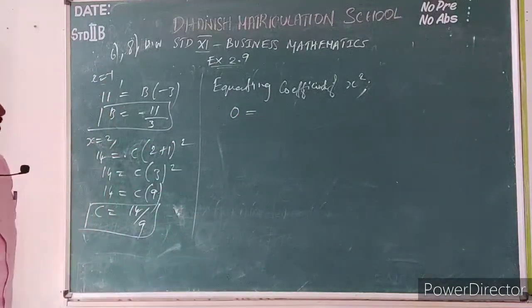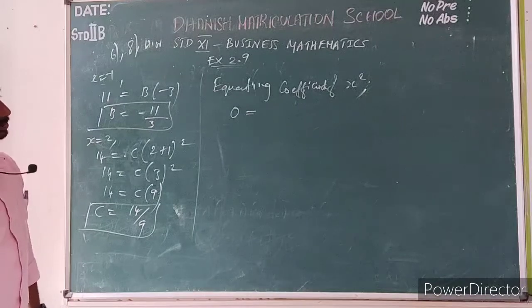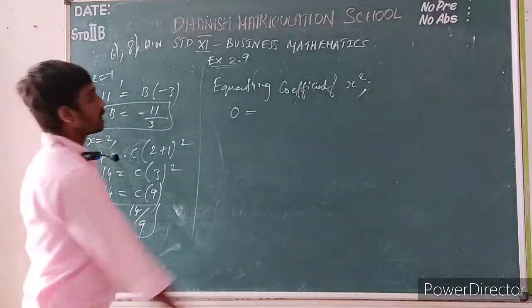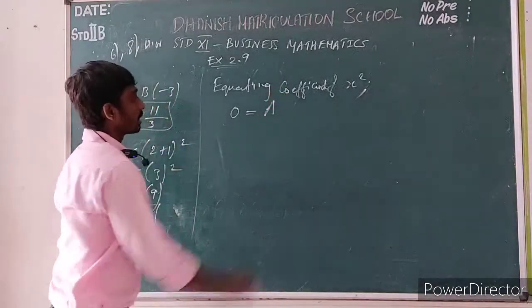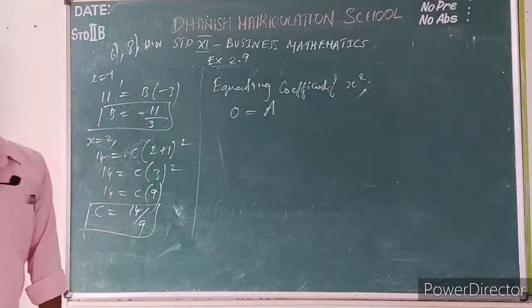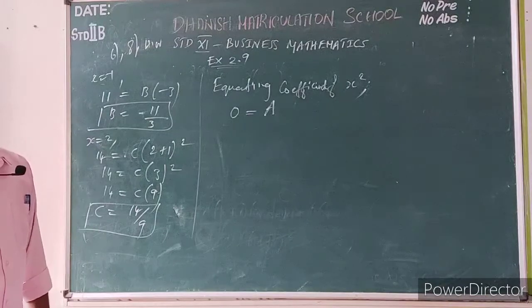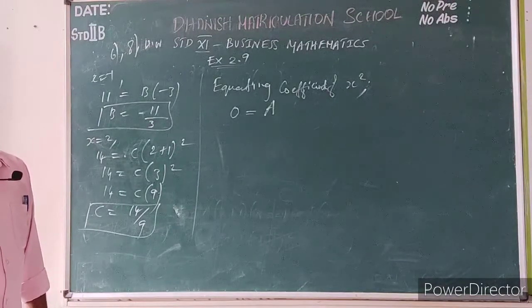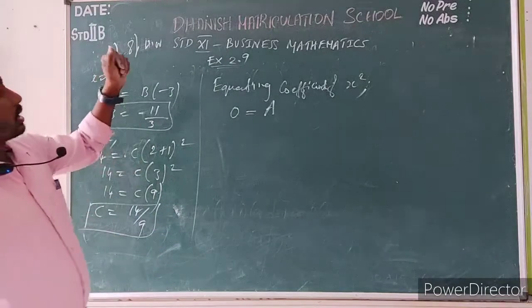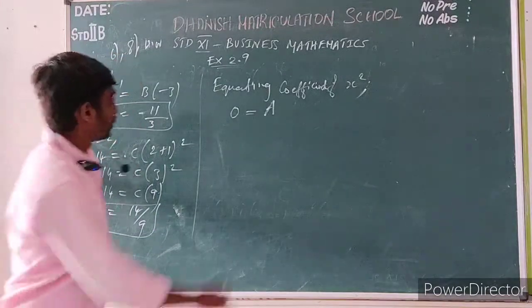Here we have a term with x square format, so we write a. In b we don't have the x square format, we have only the coefficient of x.